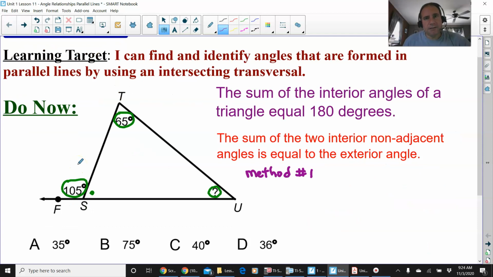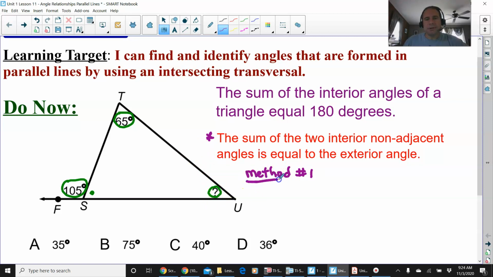So hopefully you have your answer and you didn't have any problems with this, but let me show you two different methods. I'm just going to put a star right next to this, and this will give you a shortcut method in getting the measure of the angle that has a question mark next to it.